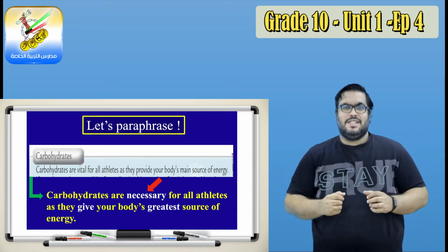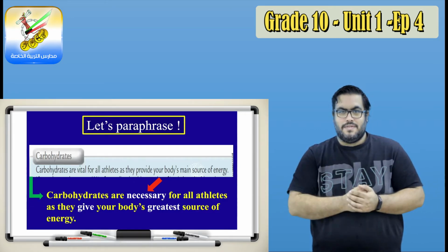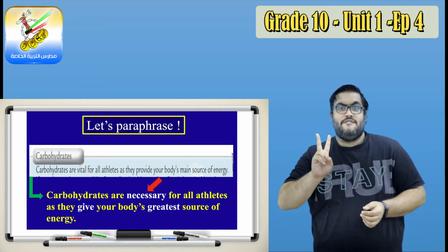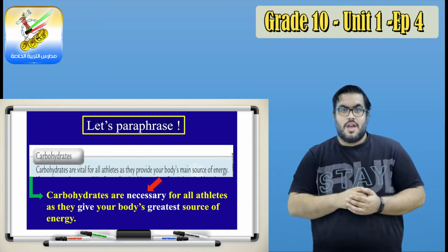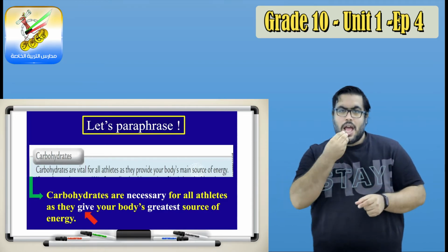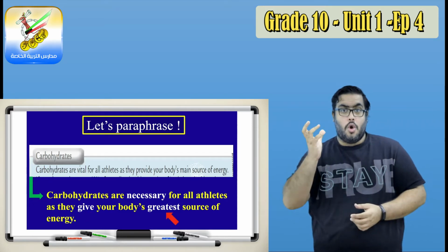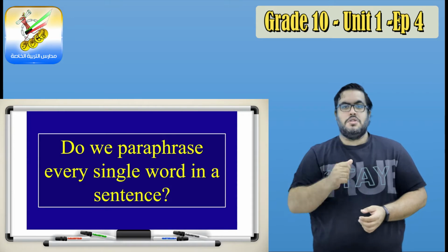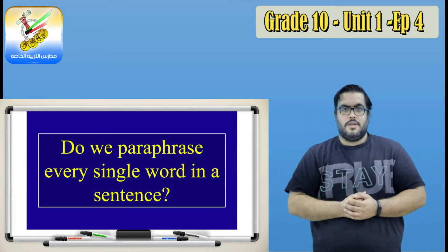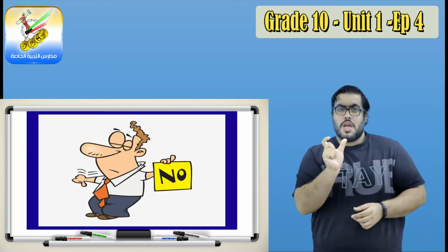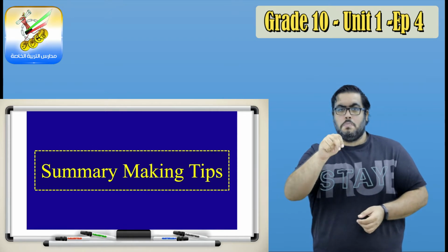See what we did? It's just a very simple vocabulary change. Vital means necessary. Provide, we changed to give. And main, we changed to the greatest. So do we paraphrase every single word in a sentence? Definitely not. So let's go ahead and look at some tips for summary making.